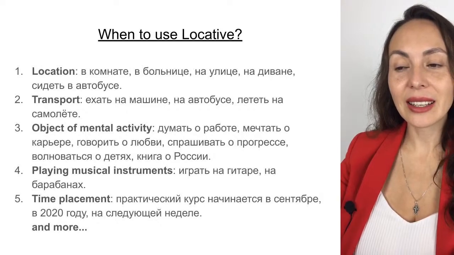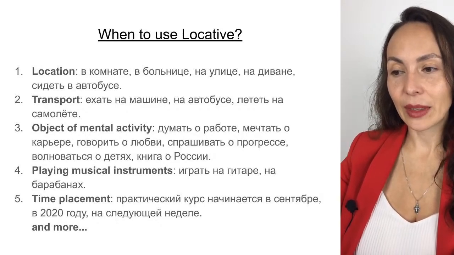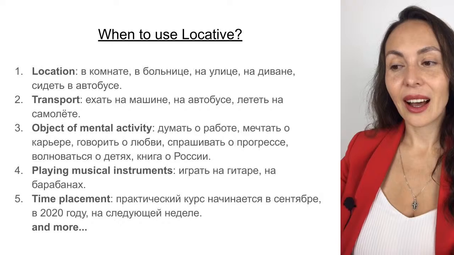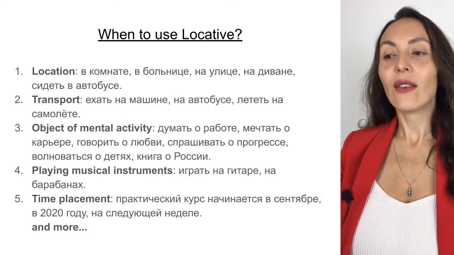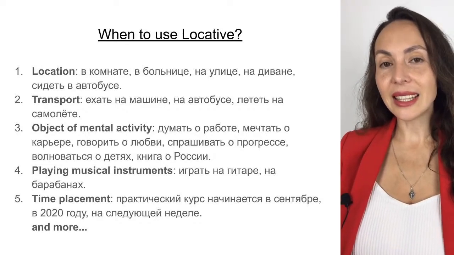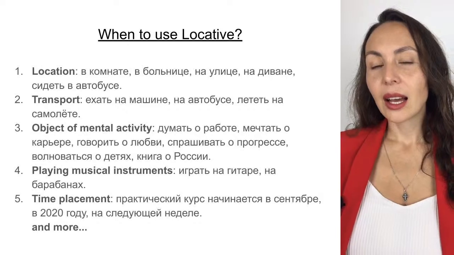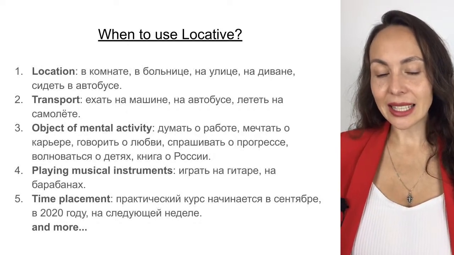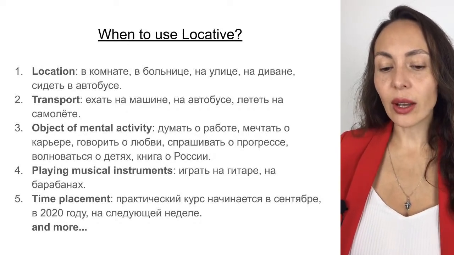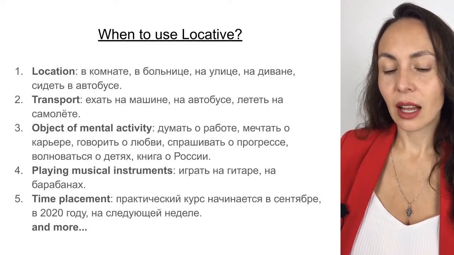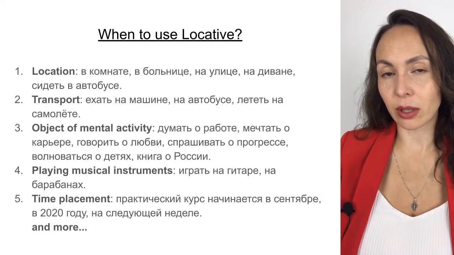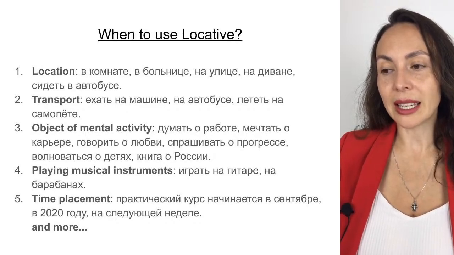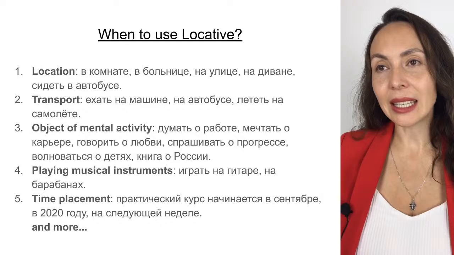Мечтать о карьере. Говорить о любви. Спрашивать о прогрессе. Волноваться о детях. Книга о России. This is also an object of the mental activity of the author of this book. This is why it is in the same group.